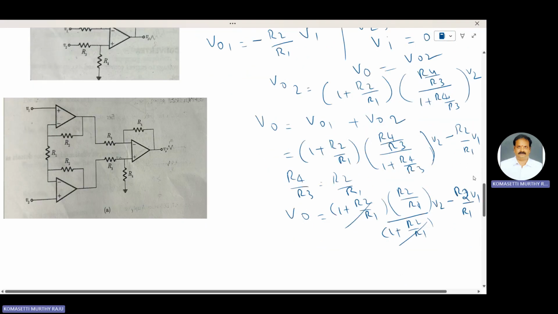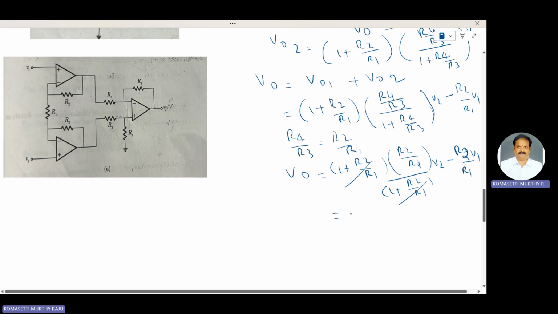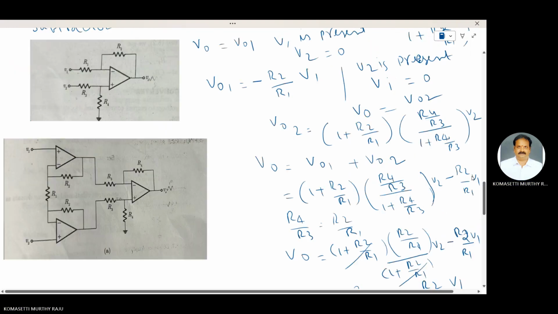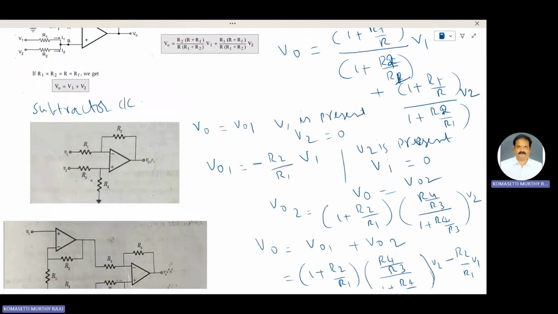That is, V0 is equal to R2 by R1 V2 minus R2 by R1 V1. Therefore, subtracting voltage V0 is equal to R2 by R1 into V2 minus V1, when the ratio R4 by R3 is equal to R2 by R1. This is the subtractor circuit analysis.